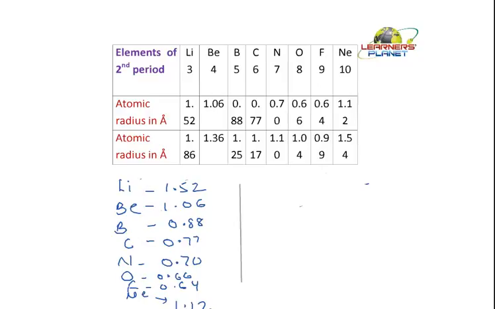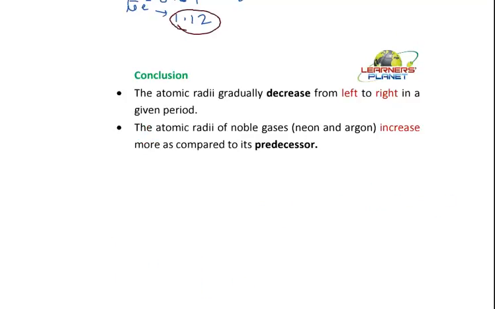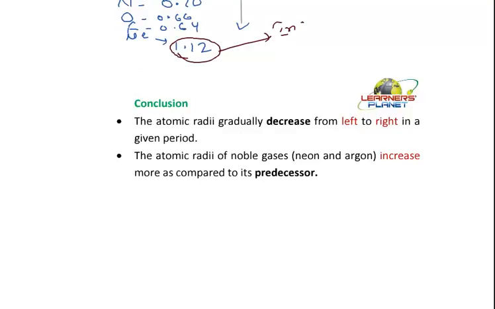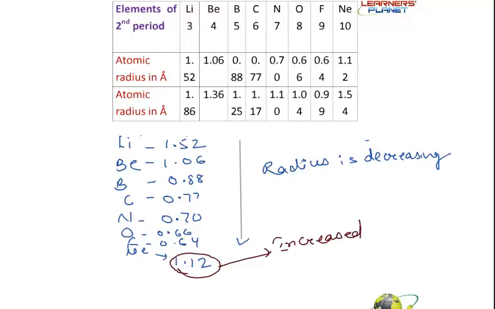Now if you see the trend along the period, what is happening to the radius? The radius is decreasing. But what about the radius of the noble gas, like neon? It has increased. So along the period, students, the radius is decreasing, but it increases at the noble gas.